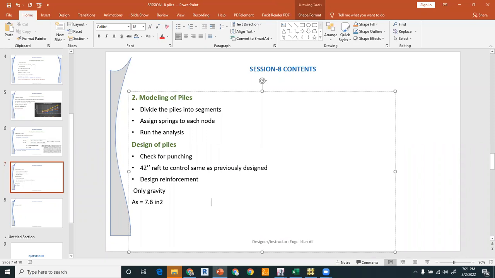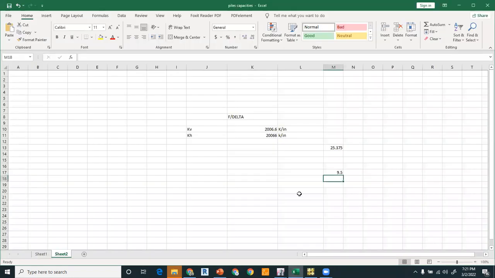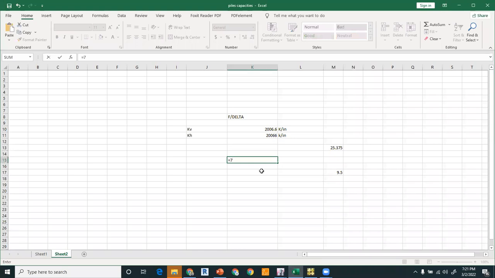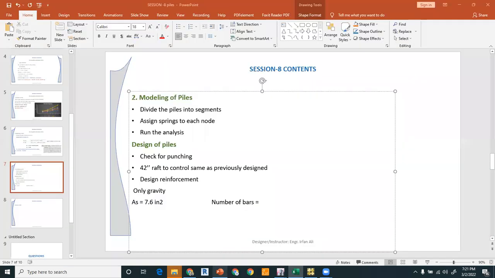So the number of bars you need is, if you use, for example, number 6 bar, let us use number 8 bar for this same case, and it is 7.6 divided by 0.8, so we will need 10 bars, right? So we will use 10 number 8 bars, right?